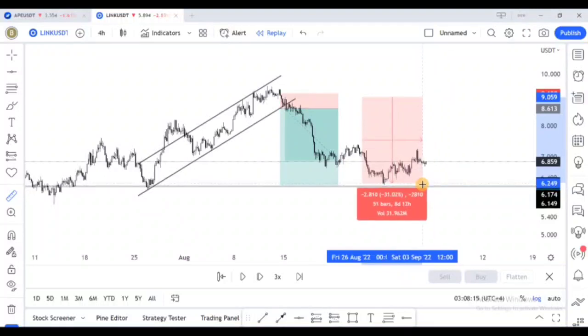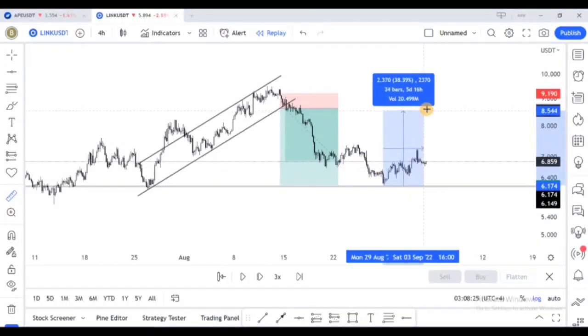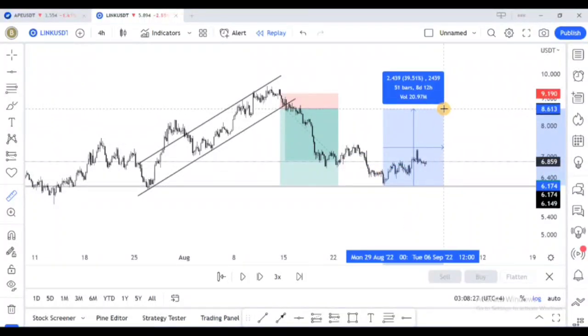At least you made like 34% in this trade. From here to here you made 39% in this trade without leverage.